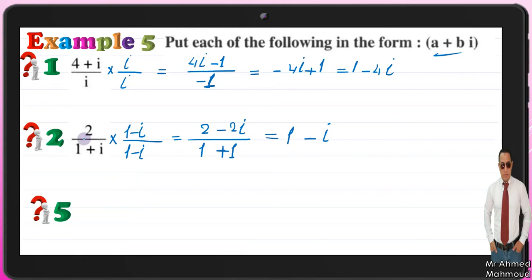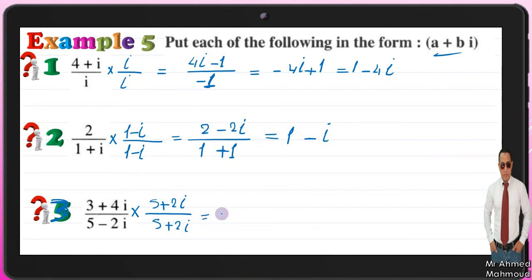This is 3, this is not 5. Excuse me for this mistake. Okay, now number 3: 3 plus 4i over 5 minus 2i. I'm going to multiply up and down by the conjugate of the denominator, 5 plus 2i and 5 plus 2i.